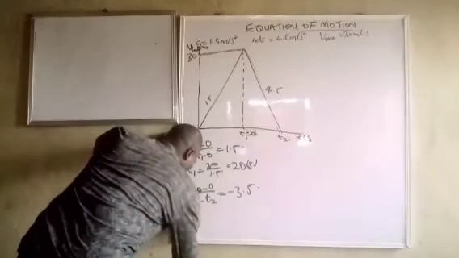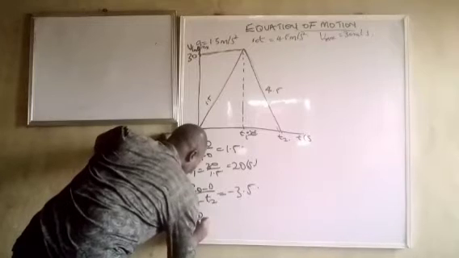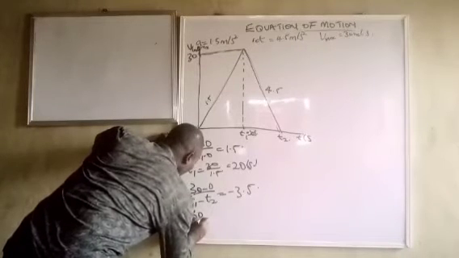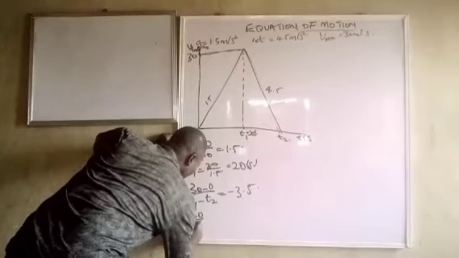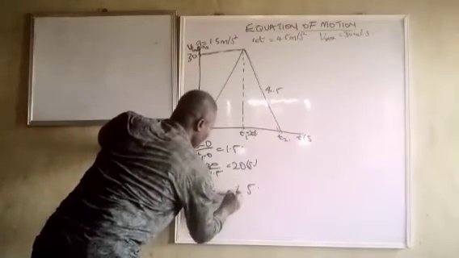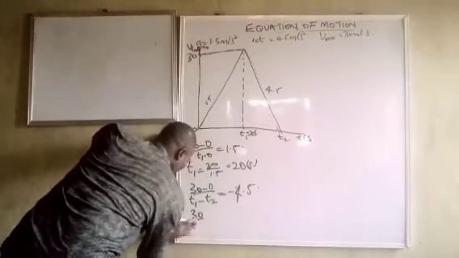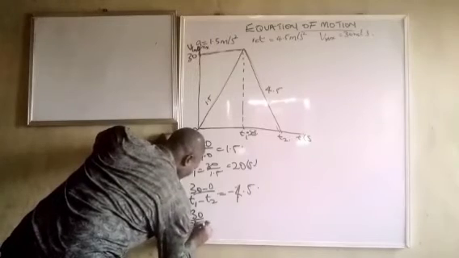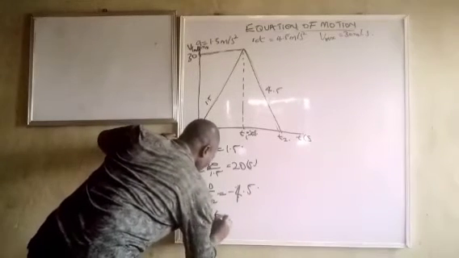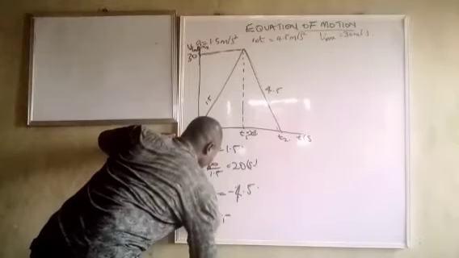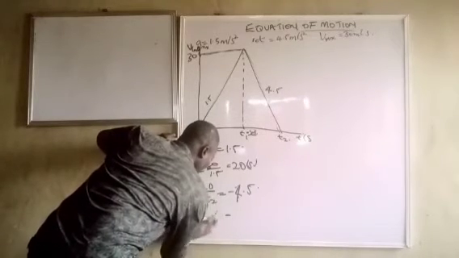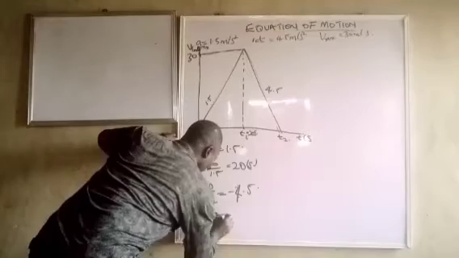That's 20. So 30 over minus 4.5 is equal to 20 minus T2.